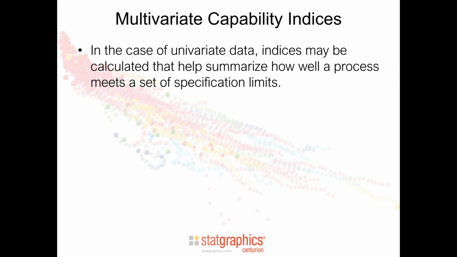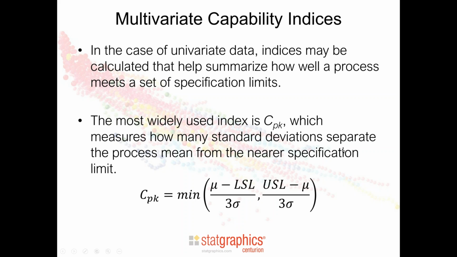that we can calculate things called capability indices that help summarize how well that process does meet a set of specification limits. Now, the most widely used capability index is something called CPK.